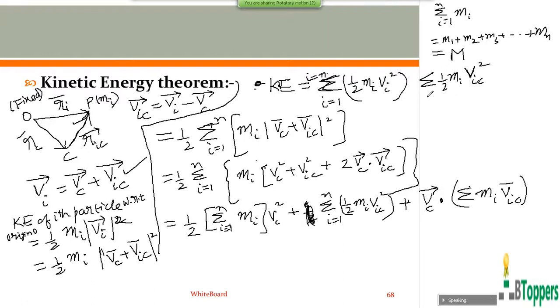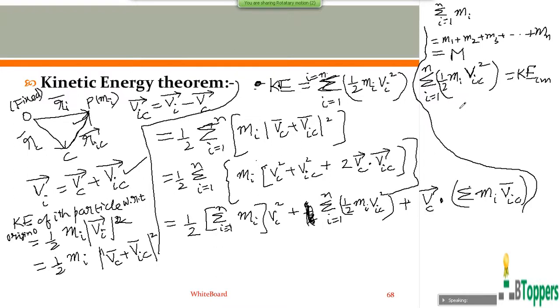So sigma half mi ViC square, with i varied from 1 to n, gives you the sum of the kinetic energies of all the n particles of the system with respect to the center of mass of the system. That gives you the total kinetic energy of the particles with respect to the center of mass of the system.